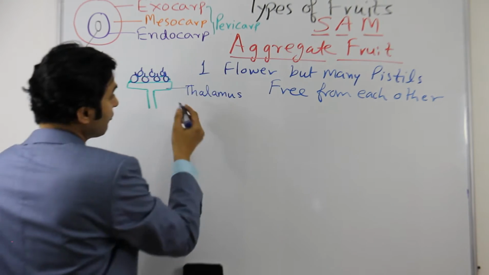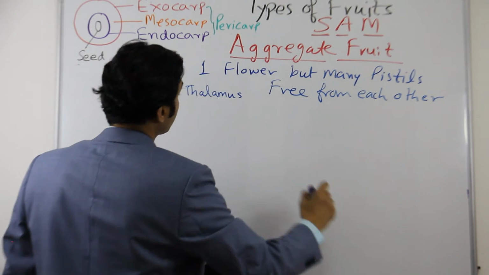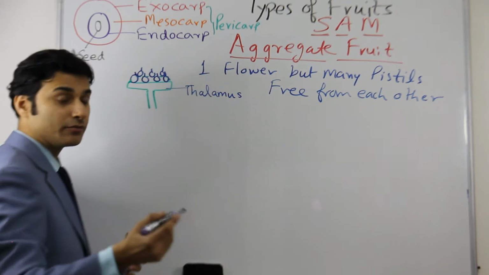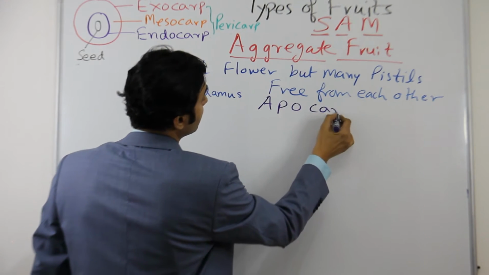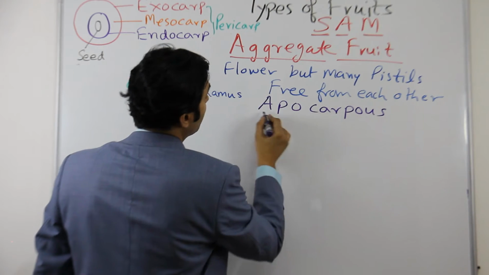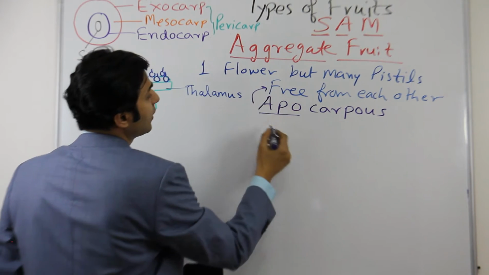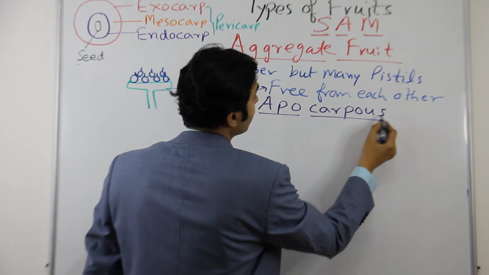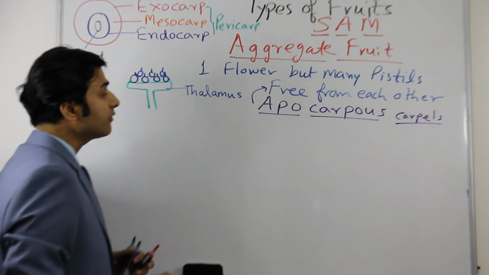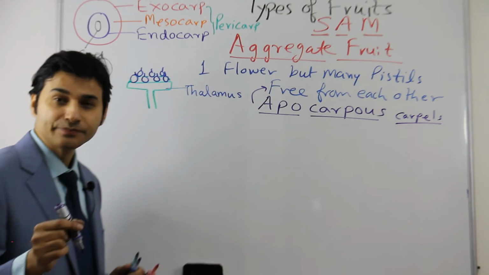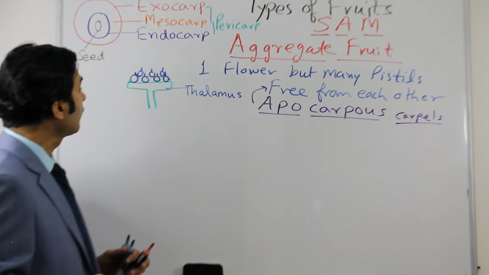These type of pistils which are free from each other, or these carpels which are free from each other, are called apocarpous. Apo means free and carpus means carpels, so free carpels, and each of them is fertilized in the process of fruit development.